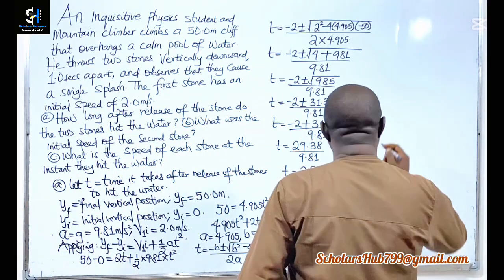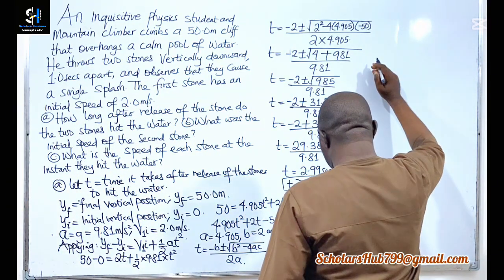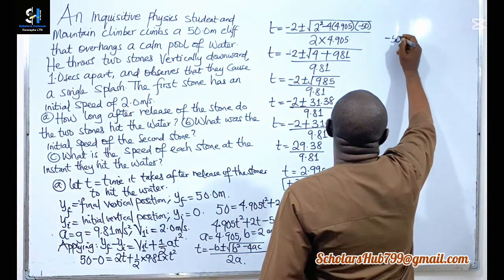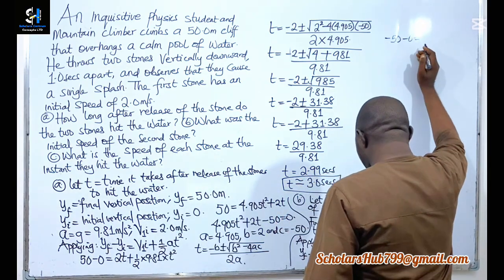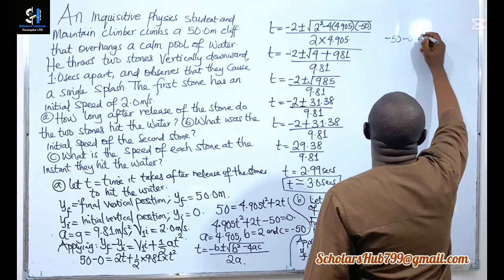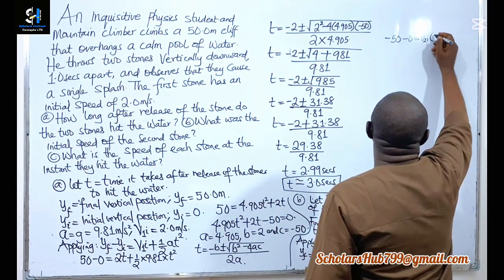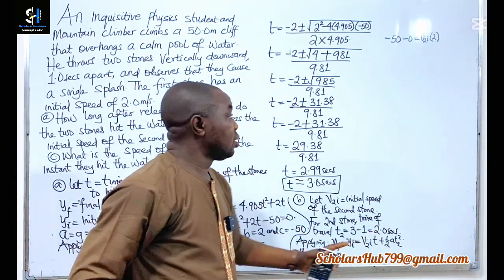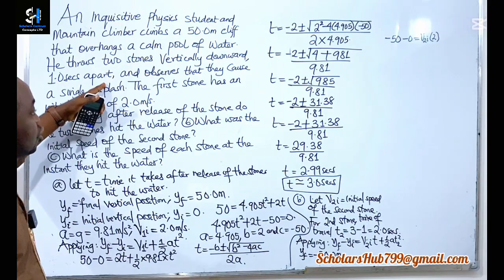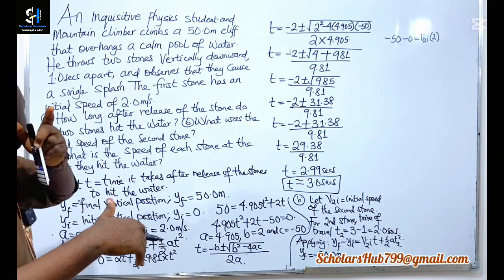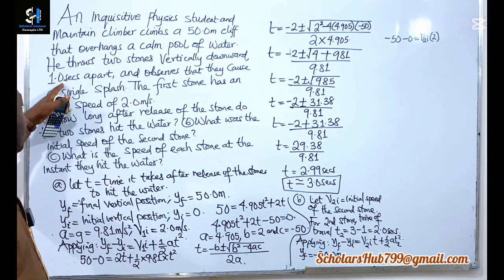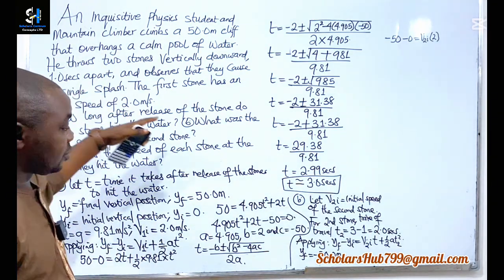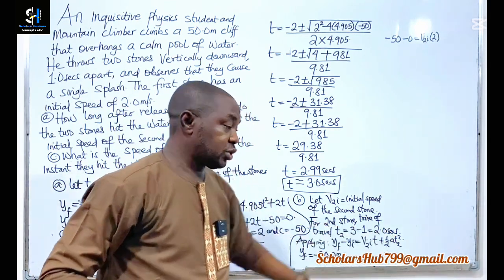So we have minus 50 minus 0 equals V2I multiplied by 2, because we calculated the time to be 2. The two stones thrown vertically downward are 1 second apart, and we subtract 1 from 3 to get 2 seconds.